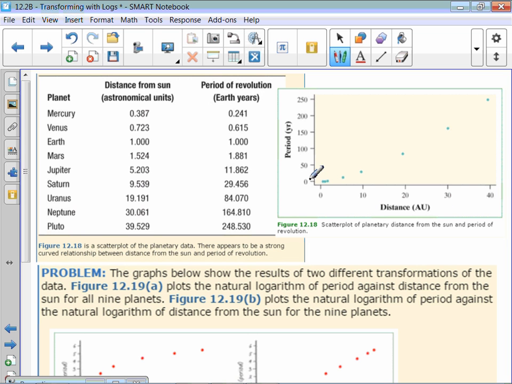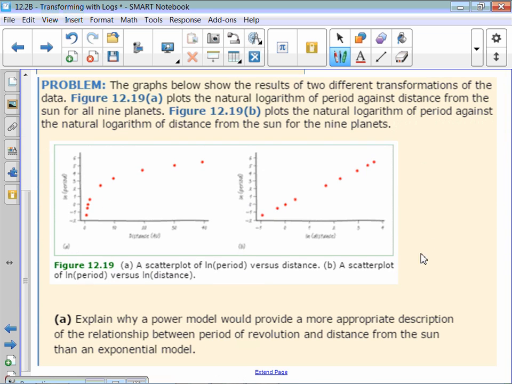Distance, period. So here's our original graph, which has a little bit of a curve to it. And we're going to look at both graphs. It's hard to read this, but this is ln and just distance. Over here we have ln of the distance and ln of the period. So which one's more linear? Obviously this one is more linear, this one is curved.